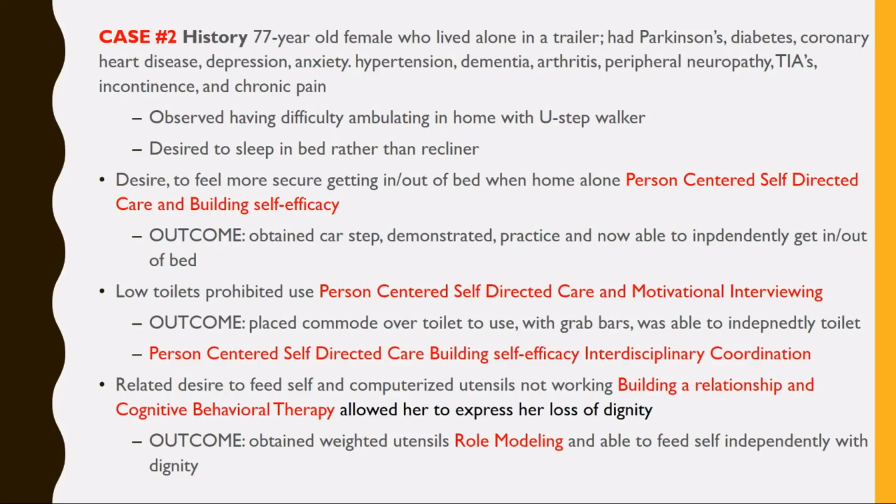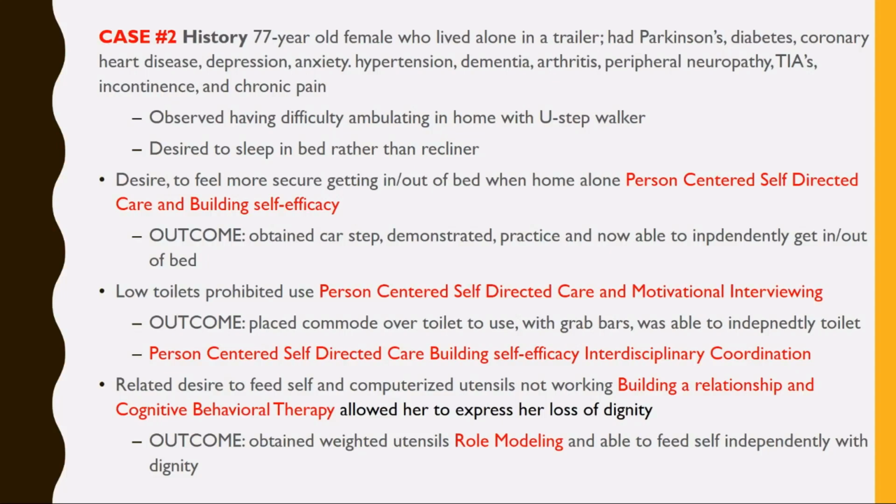She desired to feel more secure getting in and out of bed, and a person-centered, self-directed care plan was devised to build her self-efficacy. They obtained a bed step, demonstrated and practiced, and now she's able to independently get in and out of bed. She also had low toilets, which prohibited use.